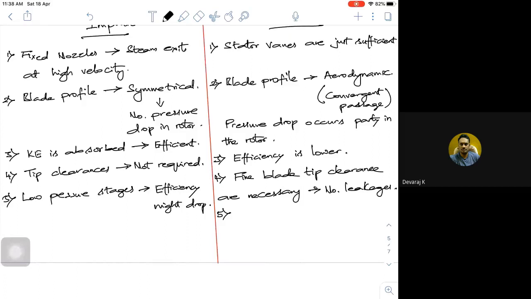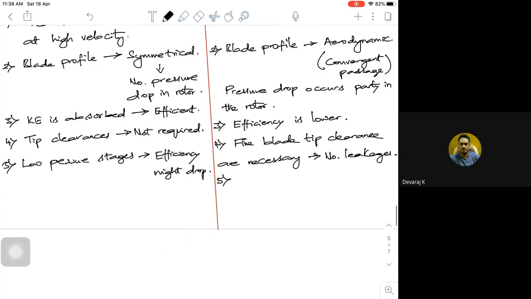Here, what we can call the seals are very much required to ensure proper working.